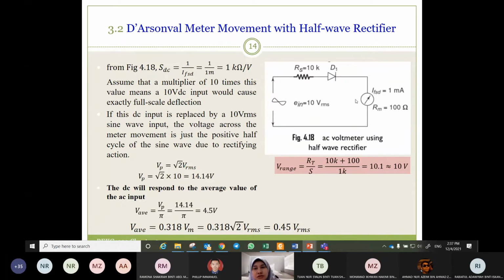Meaning that with an AC signal of 10 volts Vrms, the average value, or the measurement, is equal to 0.45 Vrms. So Vrms here is equal to 10, 0.45 multiplied by 10 is equal to 4.5. So with 10 Vrms, the meter reads only 4.5. It is not the full scale of the meter.